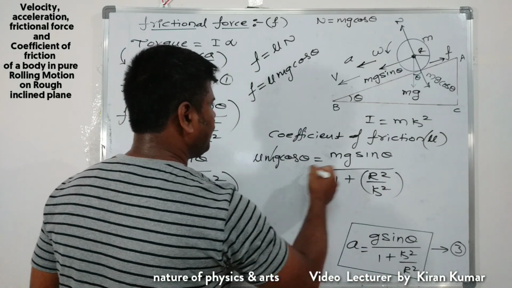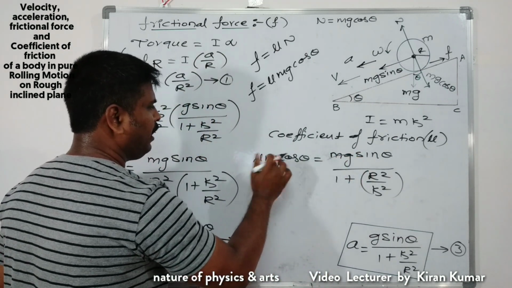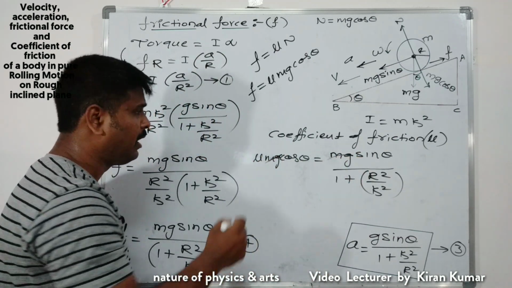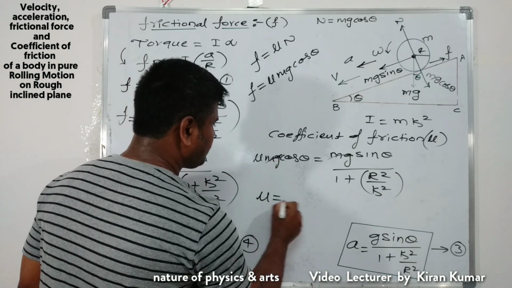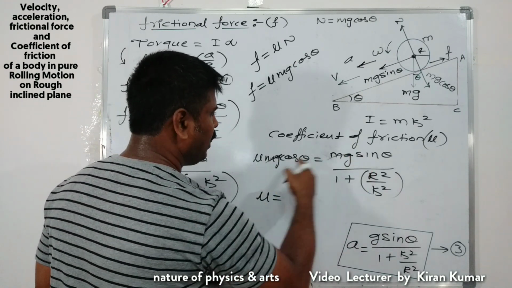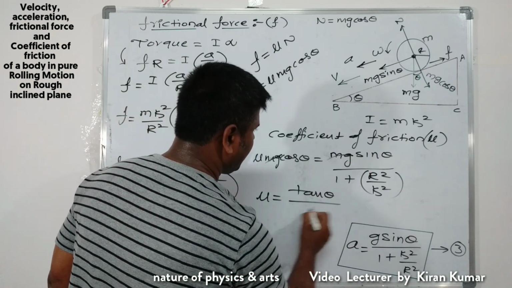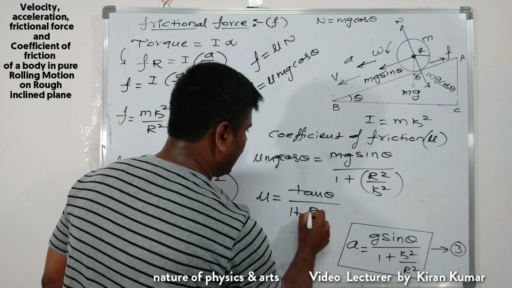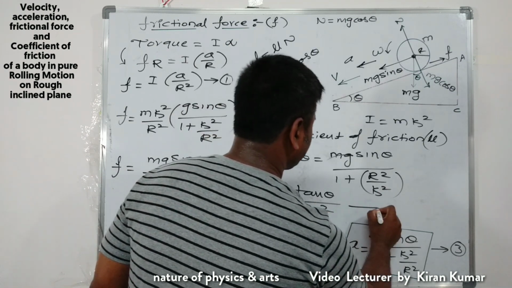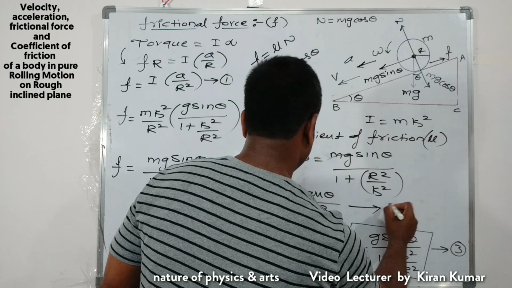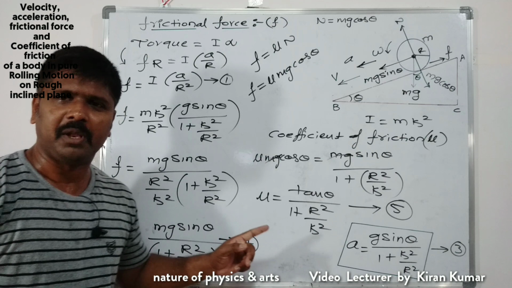Here mg gets cancelled, and remaining we want to find mu, the coefficient of friction, which is equal to sin theta by cos theta, that is tan theta, divided by 1 plus r square divided by k square. This is equation number 5, which represents the coefficient of friction.